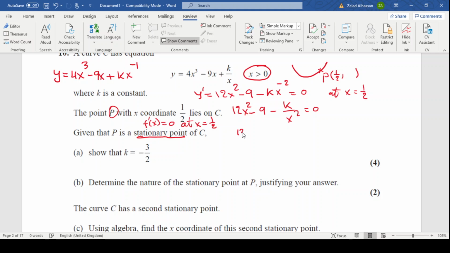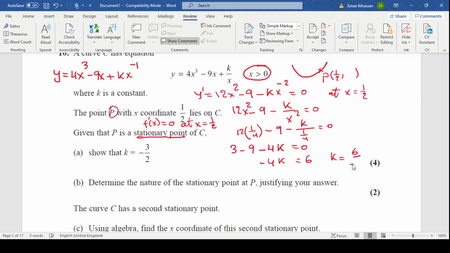That means 3 minus 9 minus 4k equals 0. That's negative 6 minus 4k equals 0, take it to the other side, 4k equals negative 6. So k is equal to negative 6 over 4, dividing by 2, k equals negative 3 over 2. So this is the value of k.